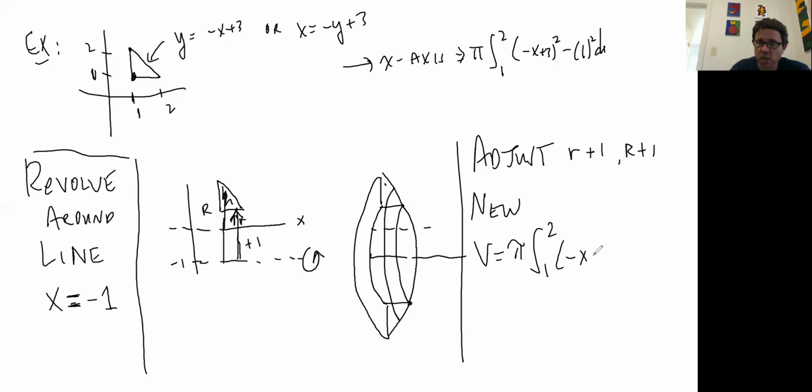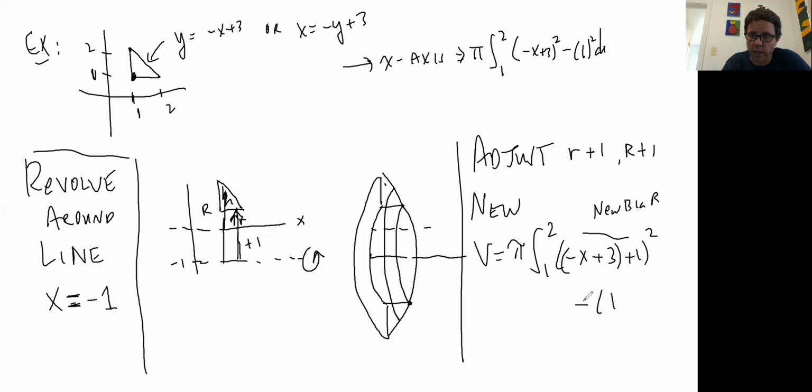the integral of negative x plus 3, but then I add one more unit onto it before I square it. So that's the new big radius. And the new little radius is the old one, which was just 1, plus 1, so that's the new little r.